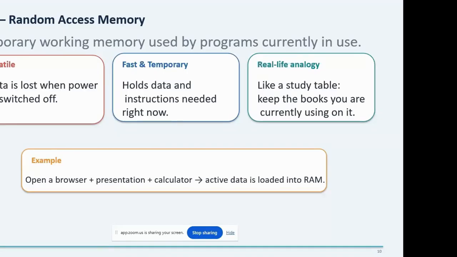Explain random access memory again. As I told you, there are two types of memory in our computer, right? One is primary memory and another one is secondary memory. The primary memory is the one which resides inside our computer to do certain work.